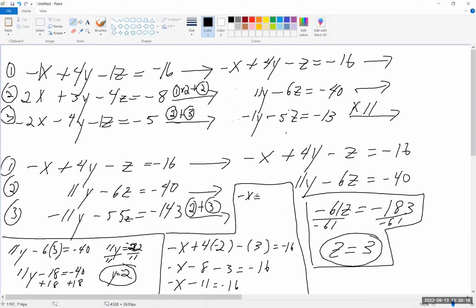So if I add 11, that gives me 5, negative 5. So that's my solution. I know it's pretty messy and there's a lot going on, but that's how you would solve this kind of equation.